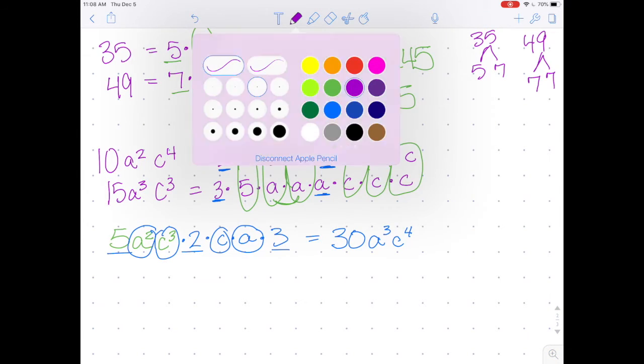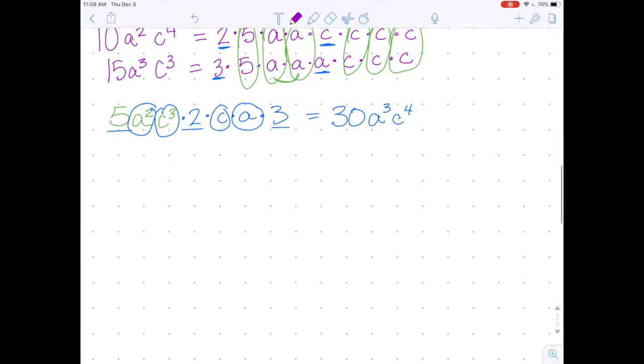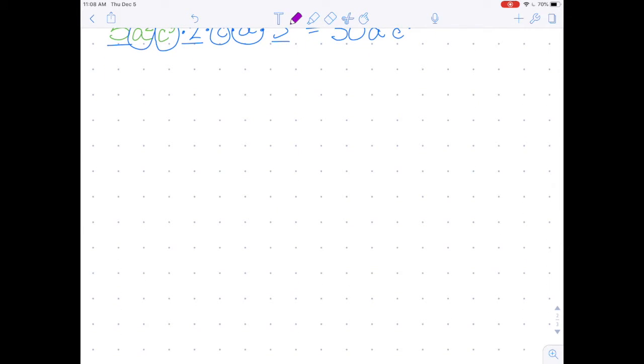Okay, let's try this with three terms. So if I have 6p squared s cubed, 2m squared s squared, and 8m cubed p.